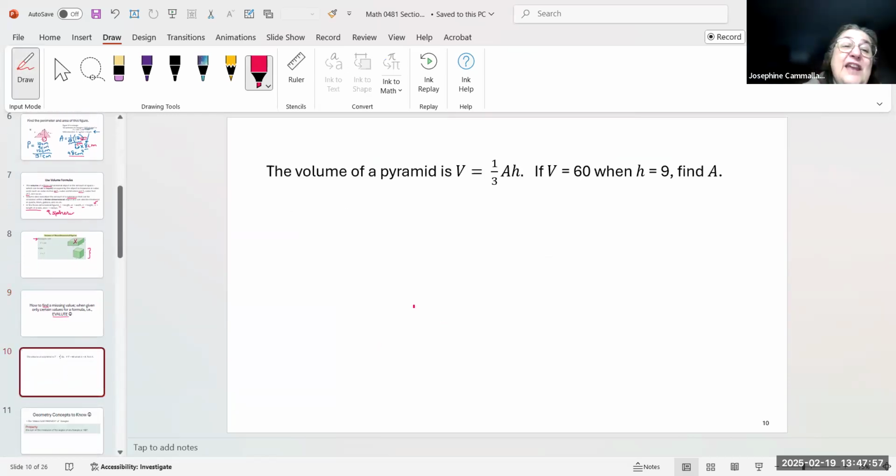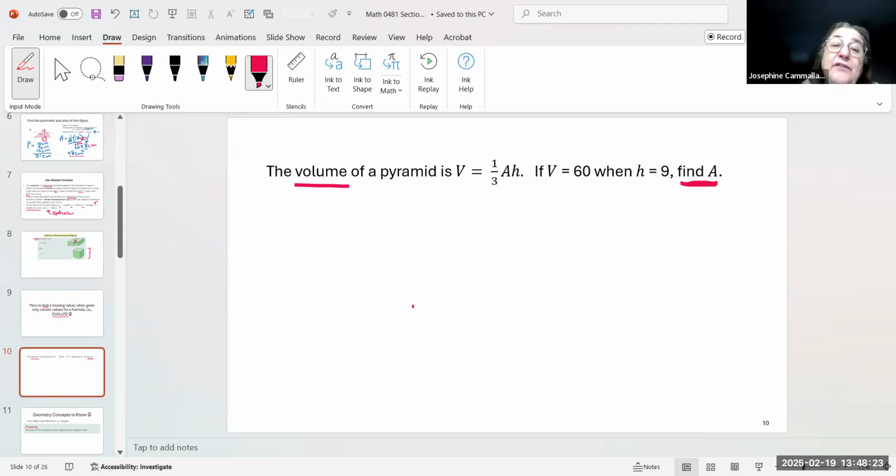Okay, and let's look right here. They're giving us this formula for the volume of a pyramid. You don't have to memorize the formula, but you have to know how to find the missing variable, which is A. Because I have a V, I have a capital A, I have an H. One of those letters I'm going to have to find.